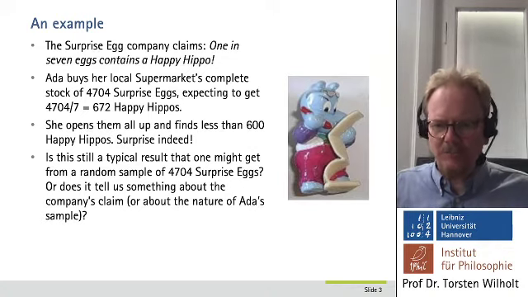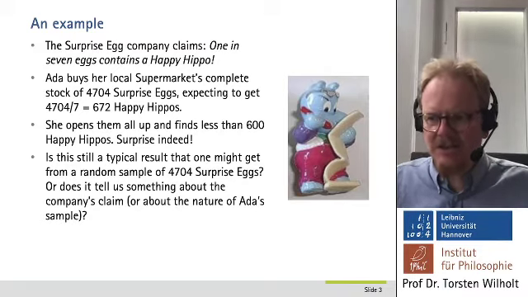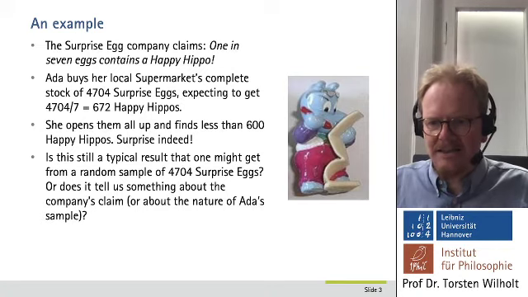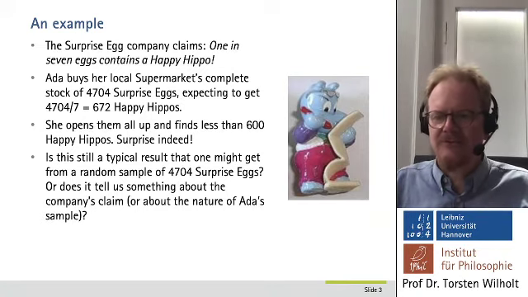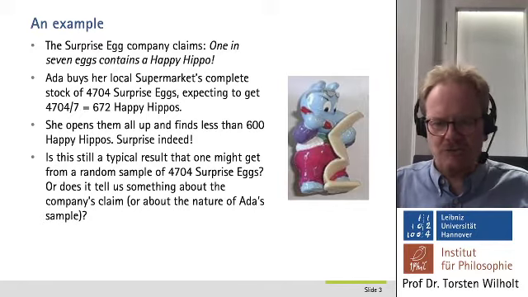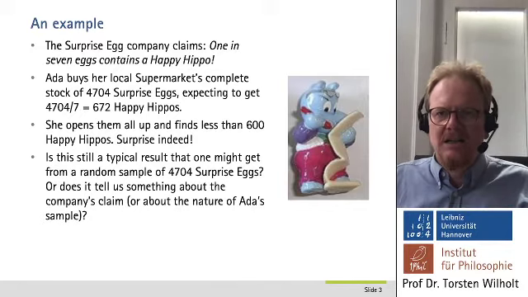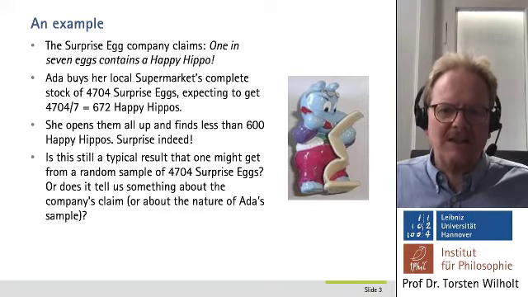Now, the first important point: probability theory does allow us to calculate the theoretical probability of getting exactly k happy hippos out of 4,704 trials. I'm not going to go through the details, but you can imagine how this works.